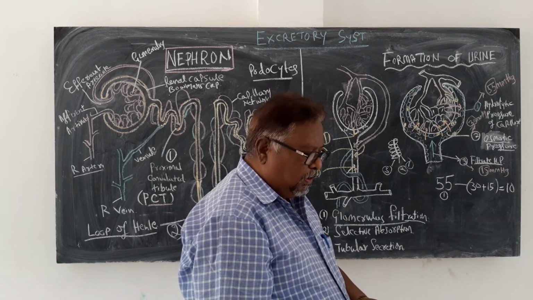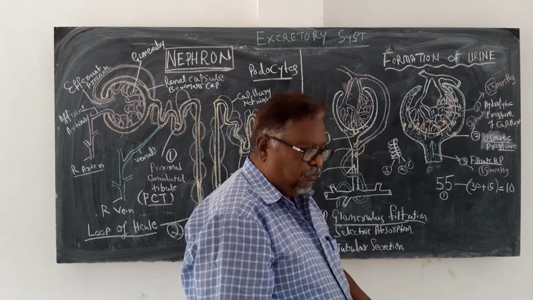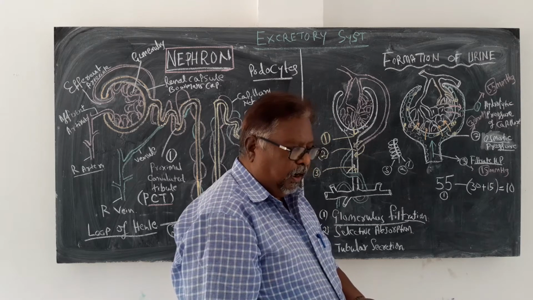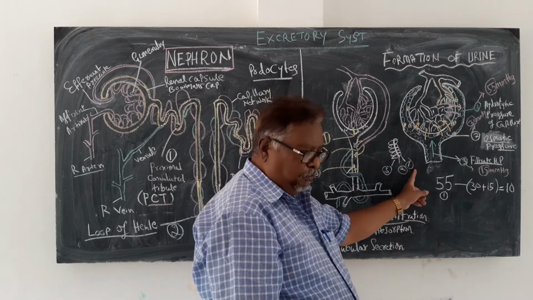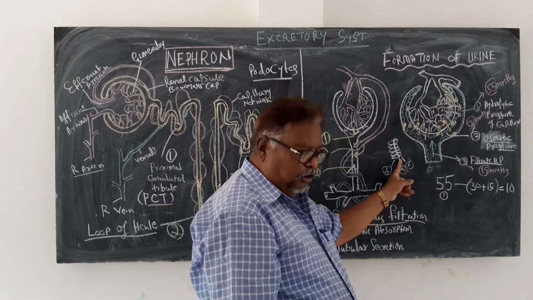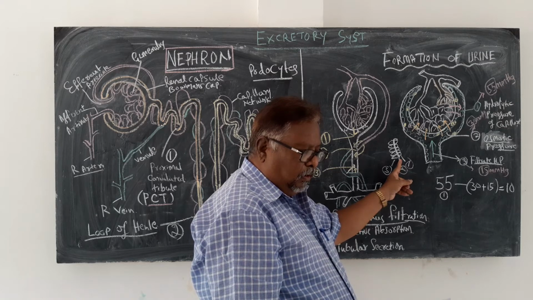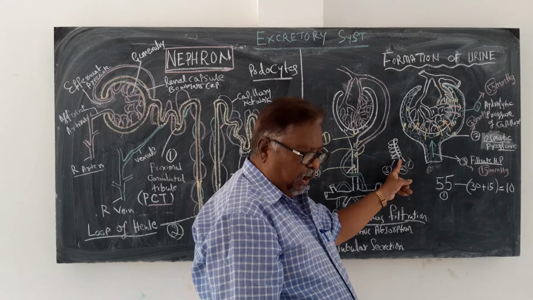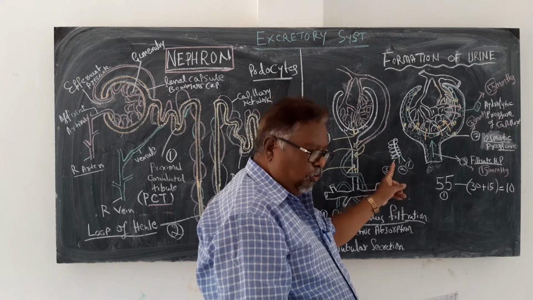So the 3 layers present cause the filtration of the blood through the 3-layered filtrate membrane formed by the endothelium cells of the glomerular capillary. This is the first one, together with the basement membrane, and podocytes, the cells of the Bowman's capsule.